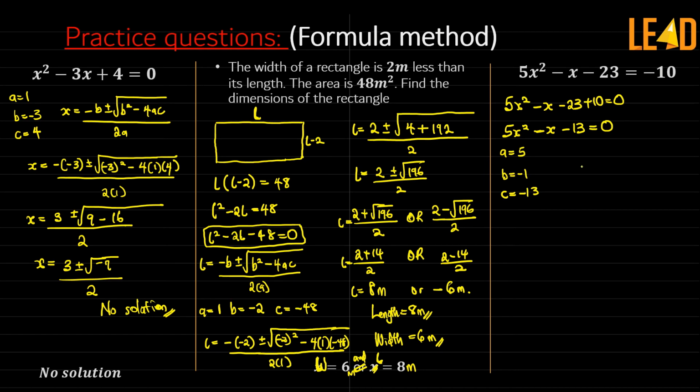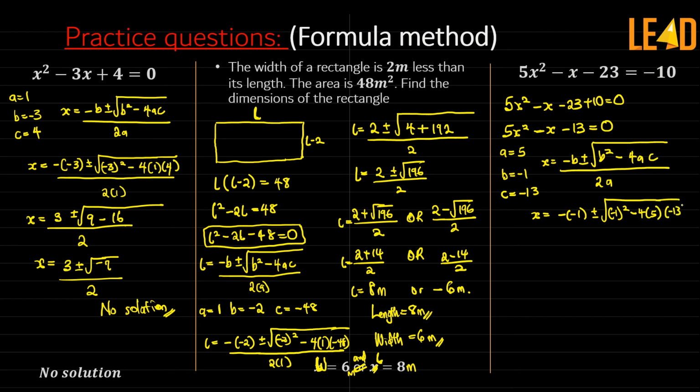Good. So we'd have minus b plus or minus square root of b squared minus 4ac over 2a, that's the value of x. So x becomes equal to minus -1 plus or minus square root of -1 squared minus 4 times 5 times -13, over 2 times 5.